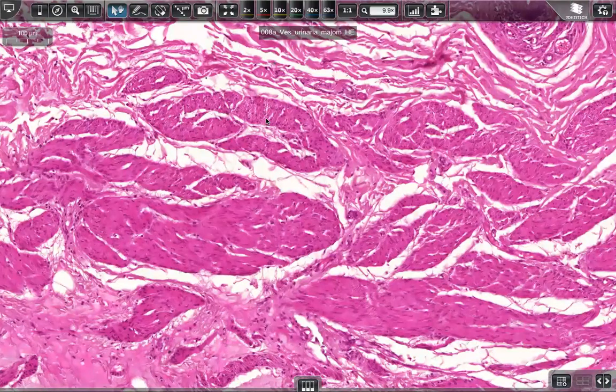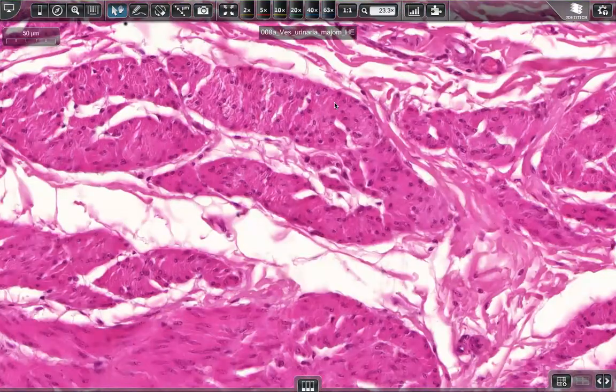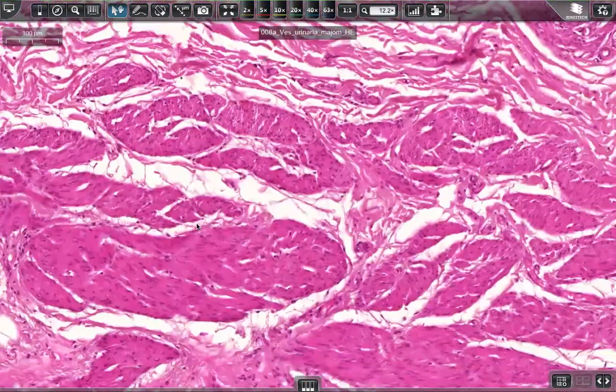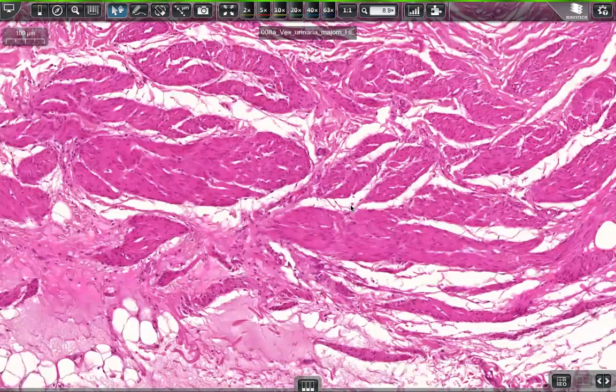And the arrangement of the layers is quite similar to the ureter. So we have inner longitudinal. So, you know, when we are looking at the cross section of longitudinal section, the nuclei are at the center. We can see easily the cytoplasm of the cells. And then we have outer circular layer here.